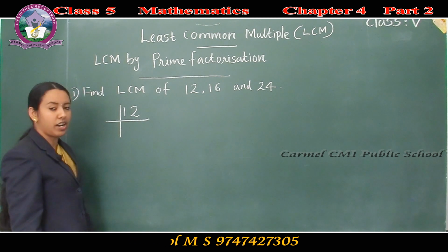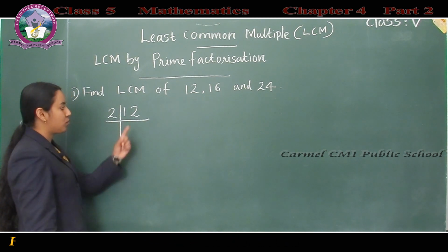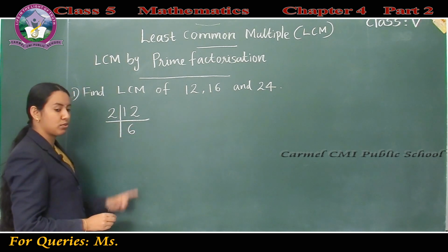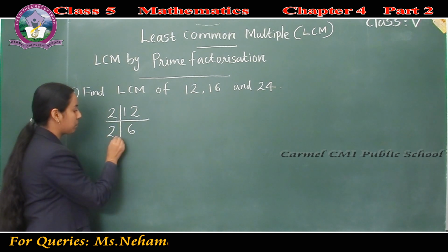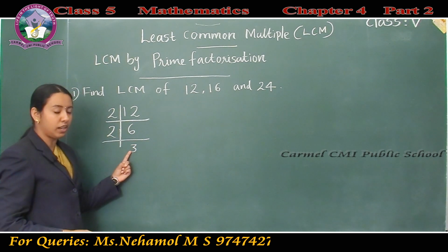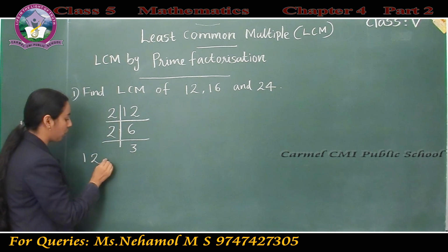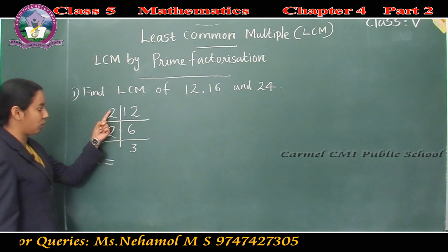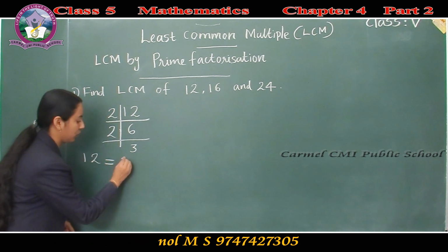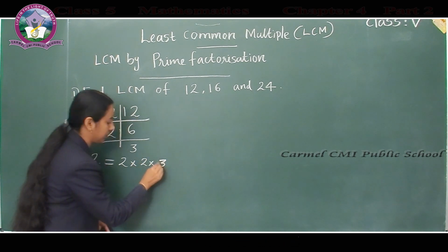Then start dividing with the least prime number 2. 12 divided by 2 is 6. Then 6 also divisible by 2. 6 by 2 is 3. We got a prime number here. Stop the process. Write 12 as the product of prime factors. 12 is equal to 2 into 2 into 3.